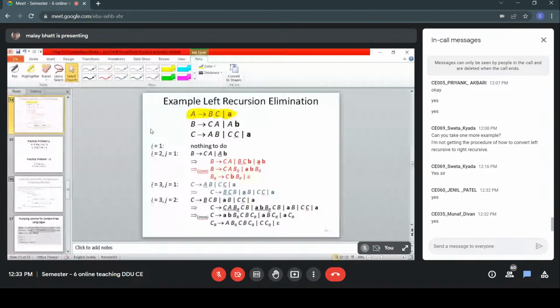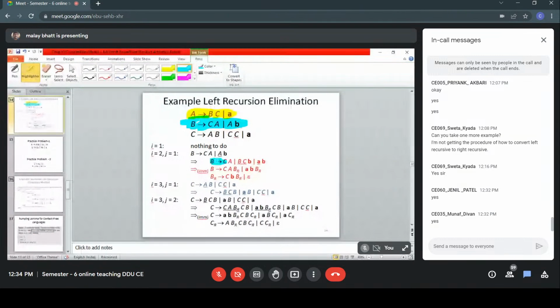Now, B gives CA or AB. There is no left recursion directly, but I can replace non-terminal A here because A is already visited. So that is what I am doing. You can see B gives CA.